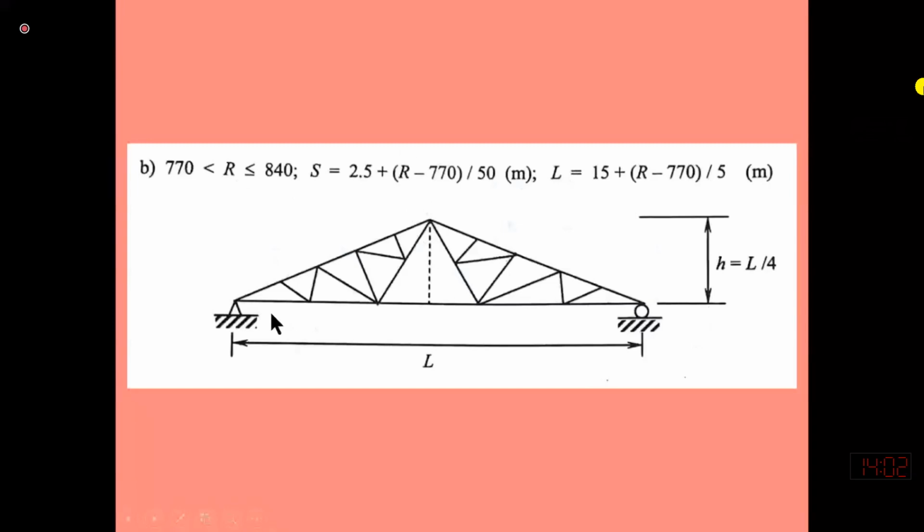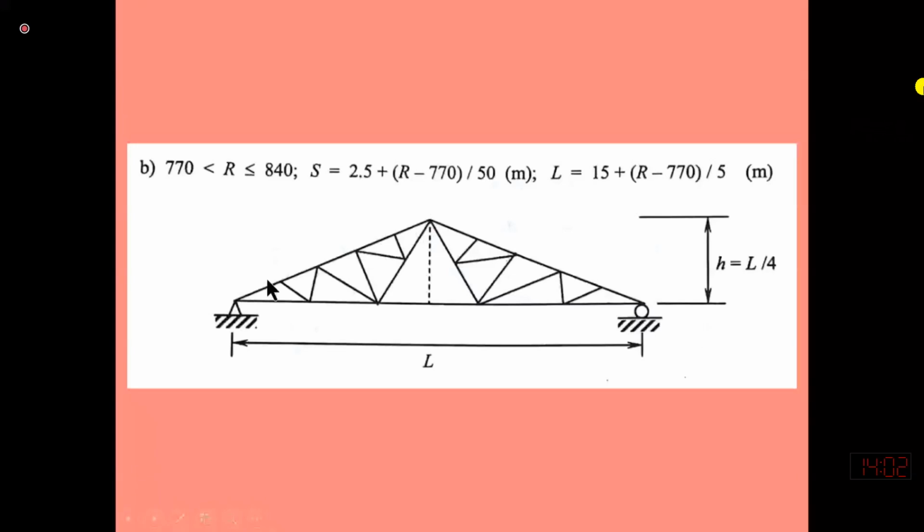So on the top chord, we are having 1, 2, 3, 4, 5 panels. If you know the length and the height, you can determine this inclined chord. So take this total length and divide it into 5: 1, 2, 3, 4, 5.